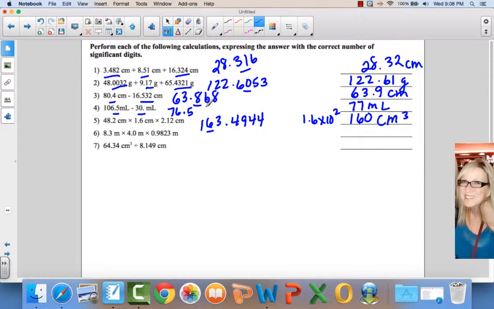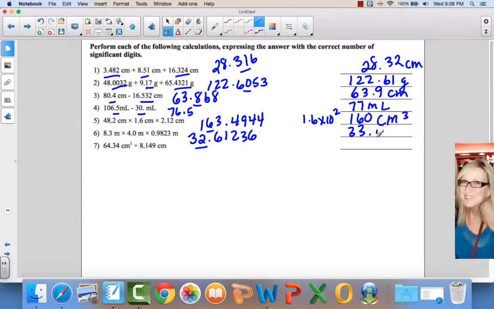So my answer is going to have 2 sig figs because it's to the least number of sig figs. And I get 32.61236. And I can only have 2 sig figs, so that would be to here. So rounding rules apply, so it'll be just 33.